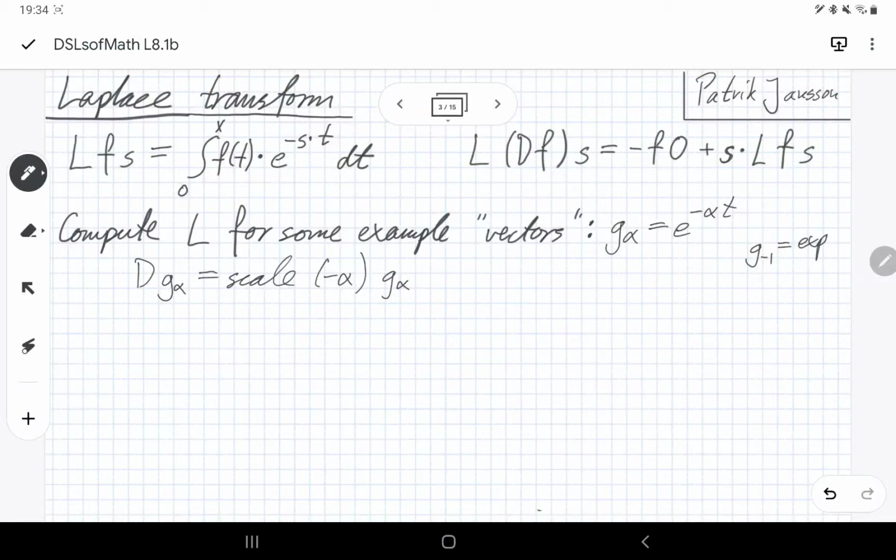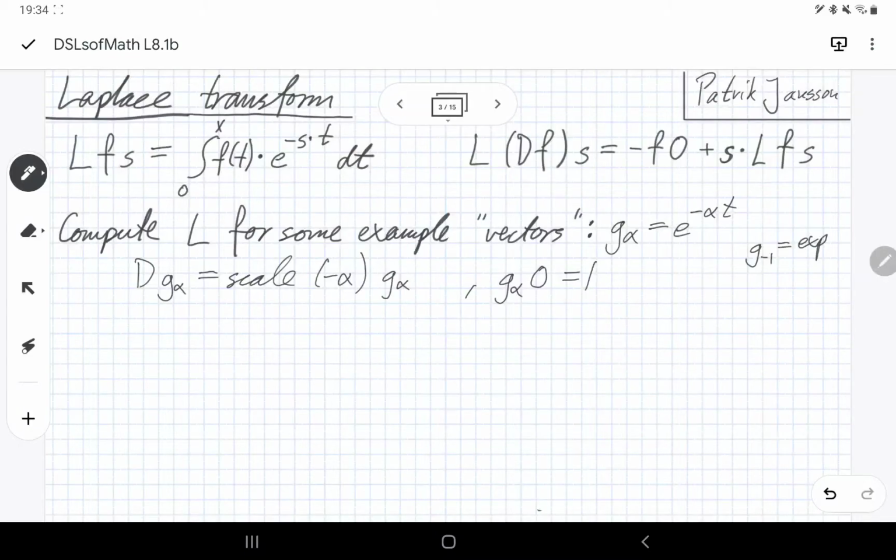So the function G alpha is such that when we take the derivative, we basically get back the same thing, but multiplied by a constant, minus alpha. And we also computed earlier that G alpha at 0 is 1 for every alpha. Okay, that's our ordinary differential equation.